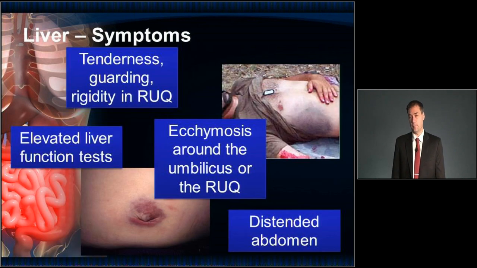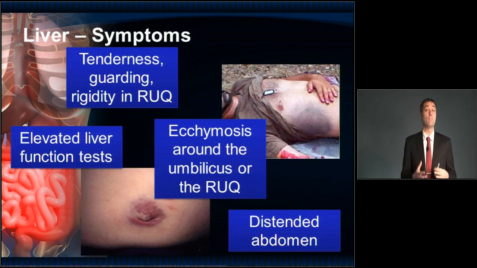Some of the symptoms of liver injury: tenderness, guarding, and rigidity in the right upper quadrant, especially if there's a rupture of the capsule around the liver. Elevated liver function tests are directly correlated to the degree of liver trauma. The higher the LFTs go in the hours and days post-trauma, the more liver damage there is. Ecchymosis around the umbilicus.